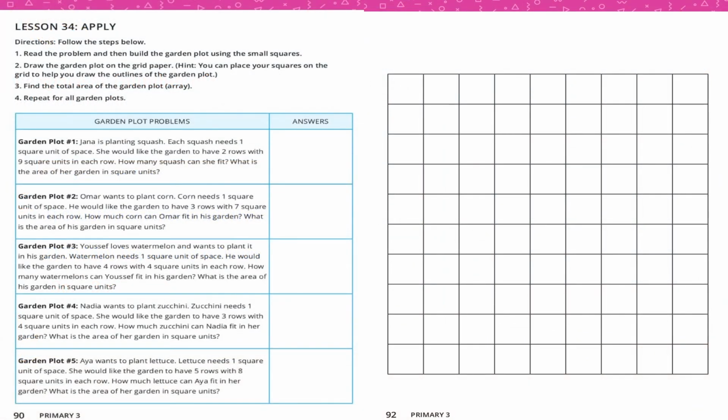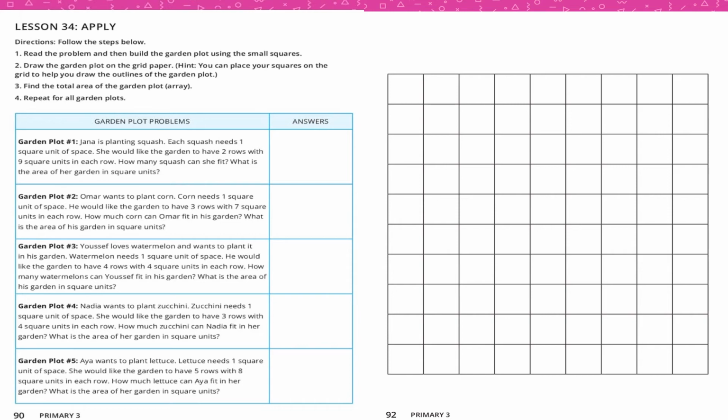Let's apply to our area. We have lesson 34. We have here some story problems, and we will read them carefully, find the total area for each garden, and draw them. First, Jana is planting squash.